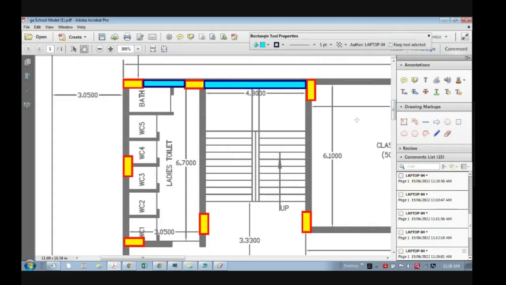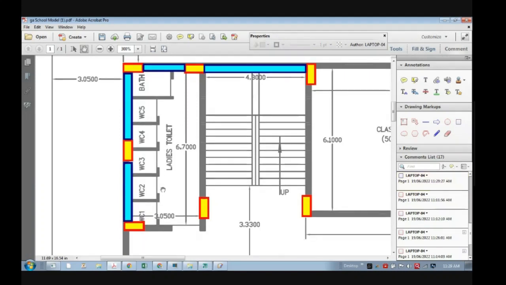Then provide one more beam over here. And where else should we put one? Tell me. Here. Staircase room. Yes, sir.